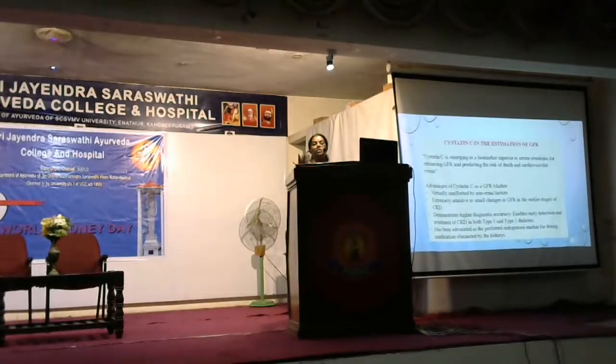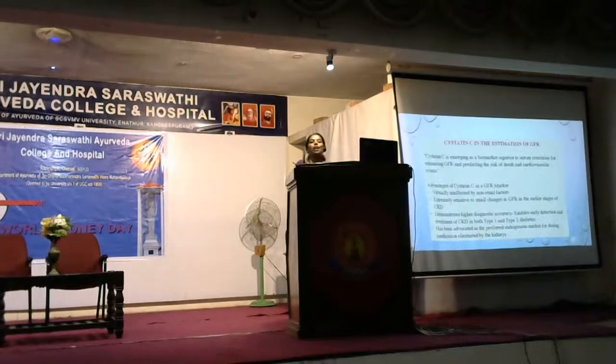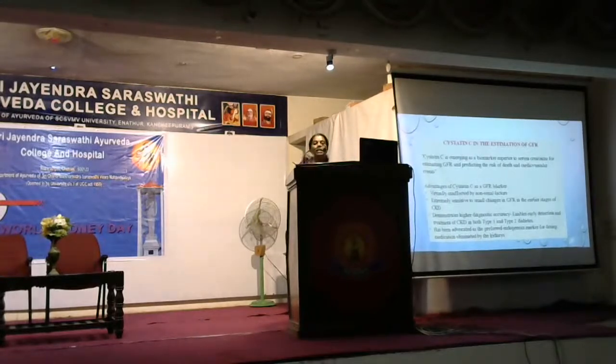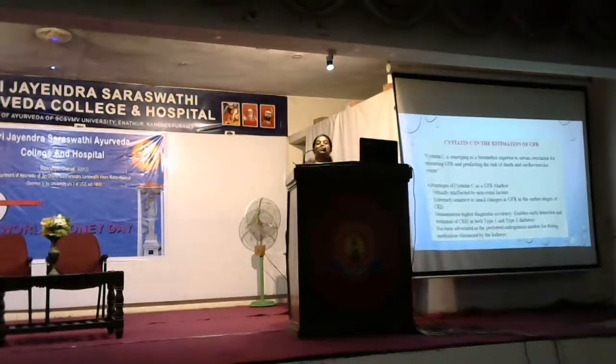Creatinine can fluctuate if there is any muscle damage or skeletal muscle damage, or in cardiac conditions, so we can't depend on it solely to diagnose the condition. Cystatin C is extensively sensitive to small changes in glomerular filtration.